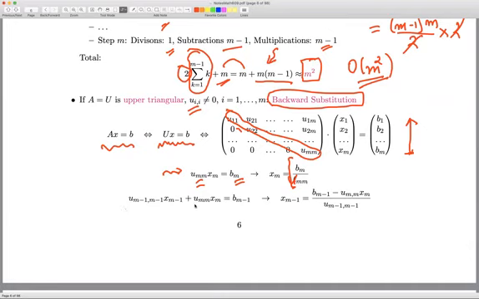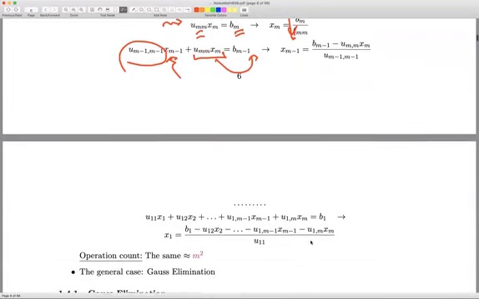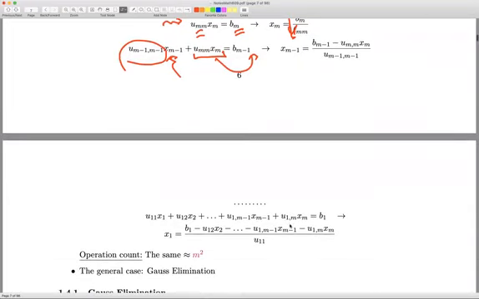And then we continue to the next equation. By that moment, this will be known, and this will be the only unknown, and therefore the known part will move to the right and divide by this term, and we'll find an expression for x m minus 1. And so on, we make our way up to the last equation. At the very last equation, all these elements are known, because by the time we reach the first equation, all this will be known.